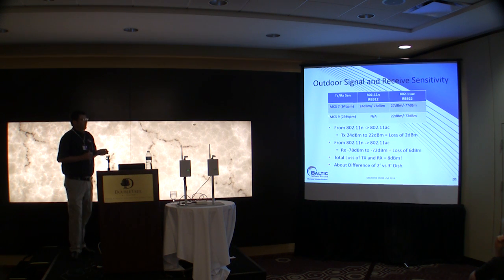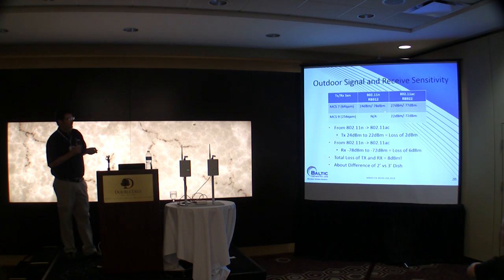So with our 802.11n MCS7, the N board would have a transmit output power of 24 dBm and a receive sensitivity of -78. With the AC board, you do see we get a little increase in the transmitter output power. Receive sensitivity is about the same. Again, this is for the 300 meg 802.11n.